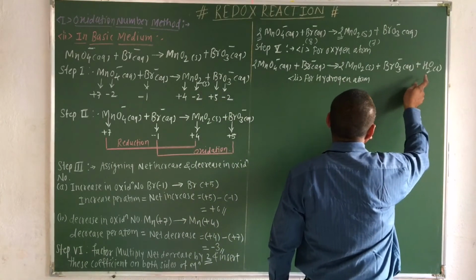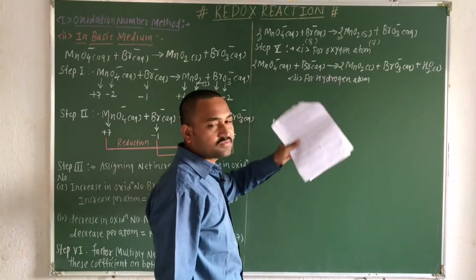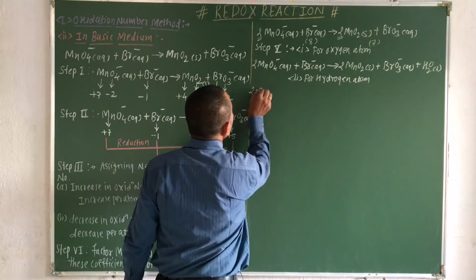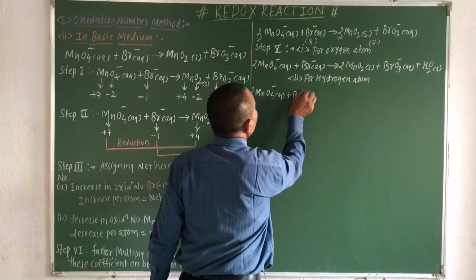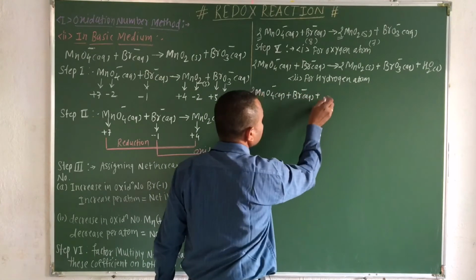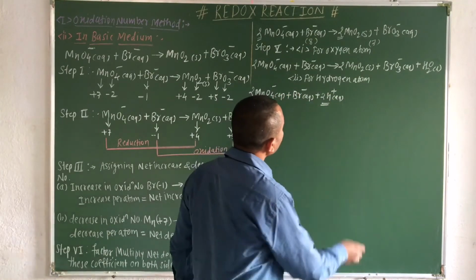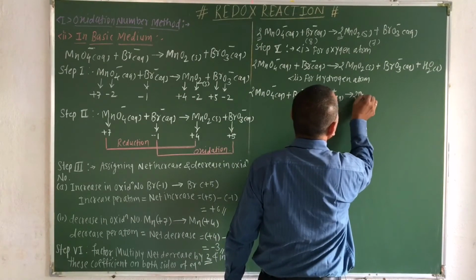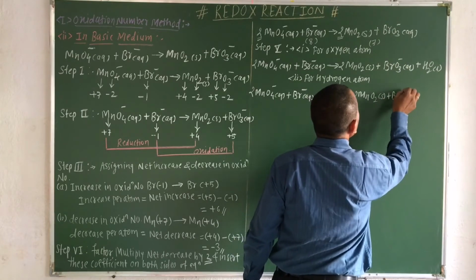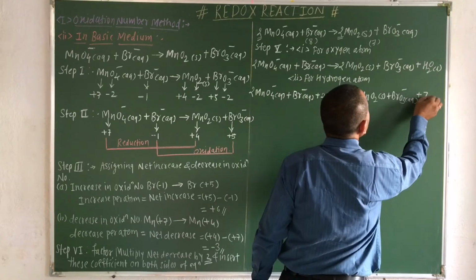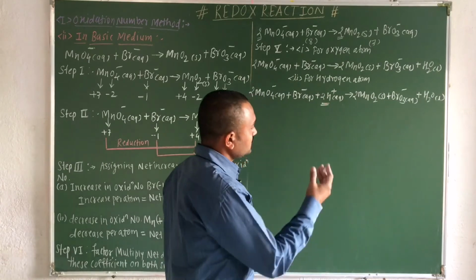On your right hand side there will be 2 hydrogen atoms, so obviously we are going to add 2 H plus ions on the left hand side, and 2 MnO4 minus aqueous plus Br minus aqueous plus 2 H plus ions, so that I have added, gives again the similar equation, 2 MnO2 solid plus BrO3 minus aqueous plus H2O liquid.